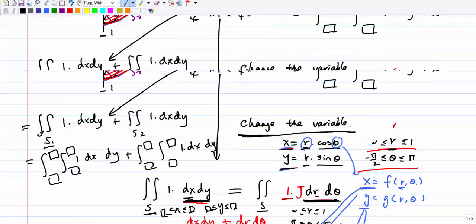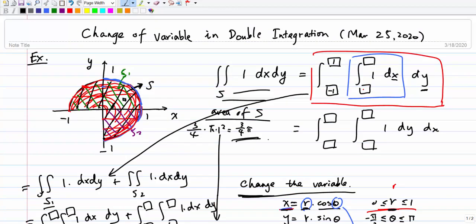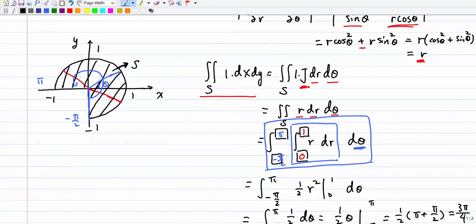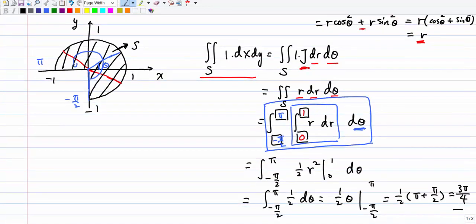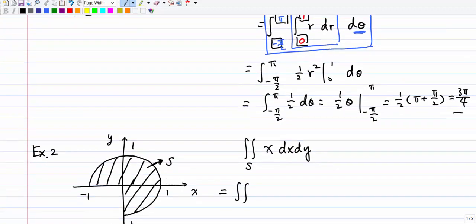If you go back to the previous one, we do have 3 pi over 4, so that's the same. Now let's take a look at the second example.